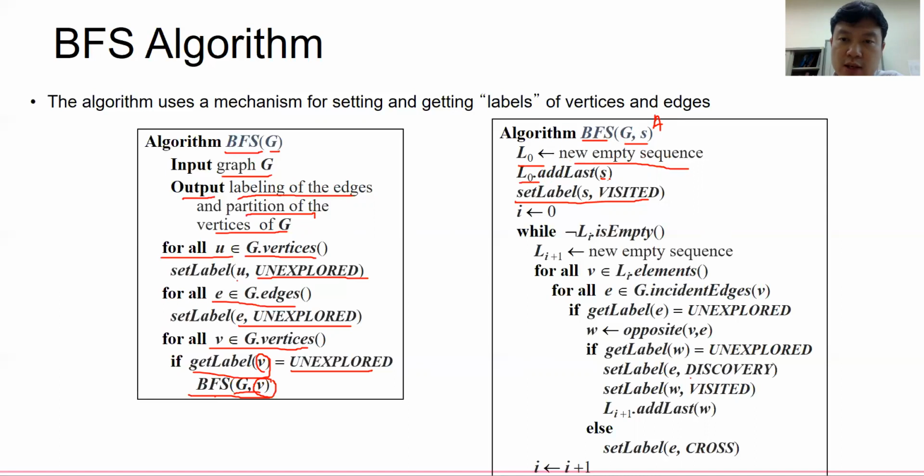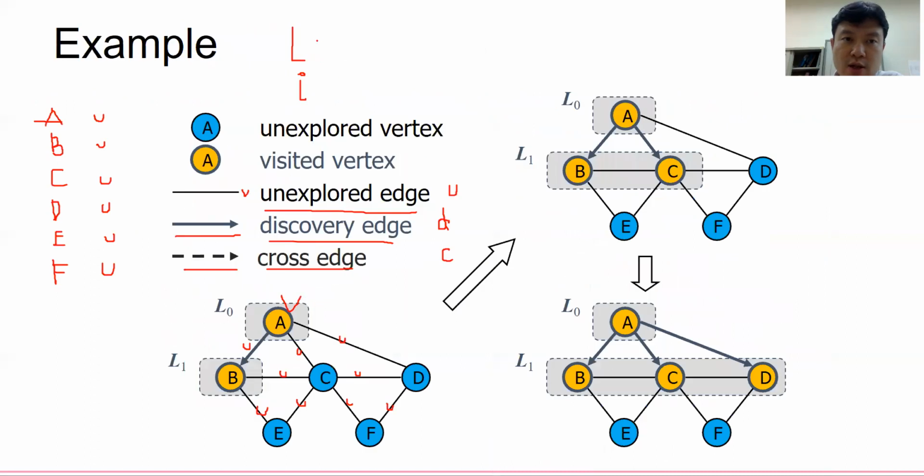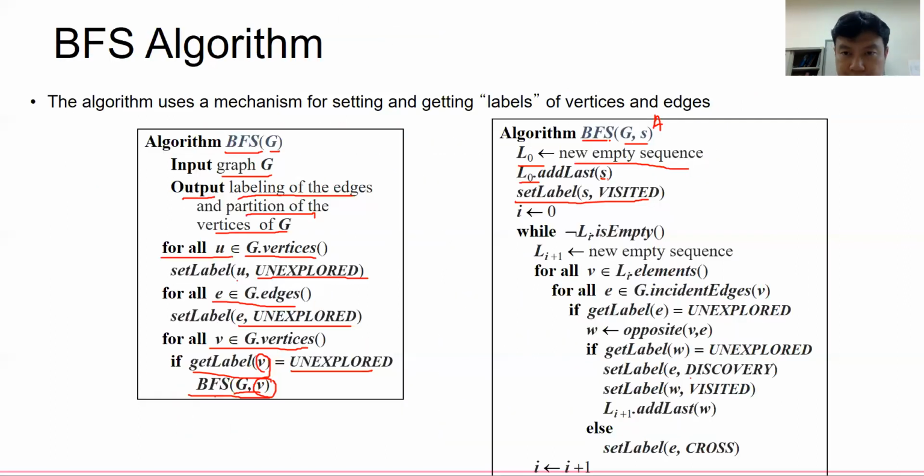L0 at last S. Then when L is 0, let's say this is the index, I want to add the A, because I want to add the last, which is S. And then set the label S as visited.